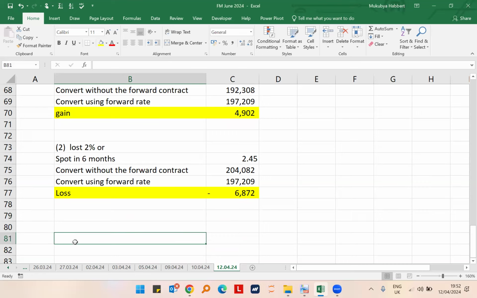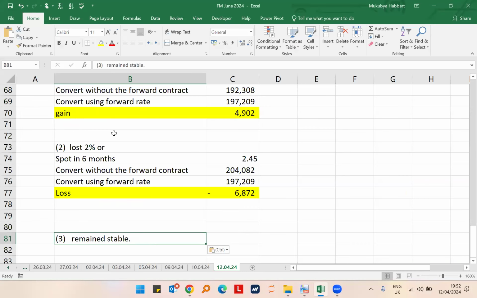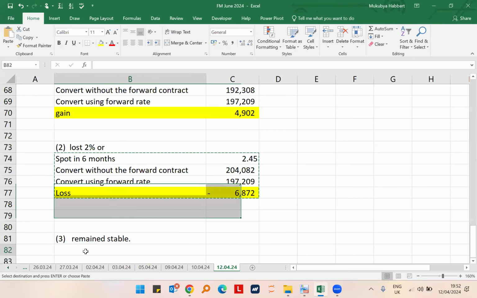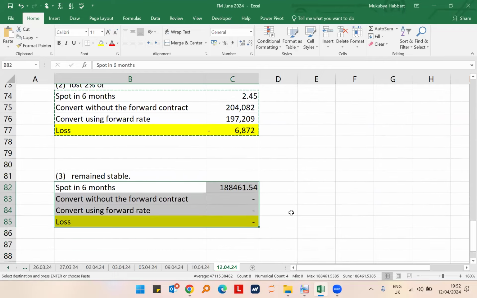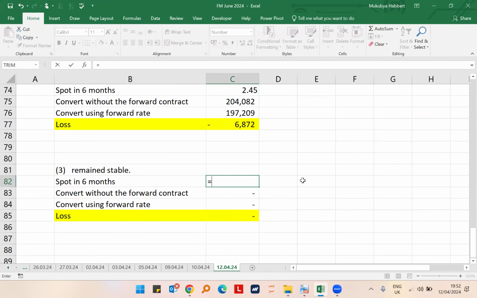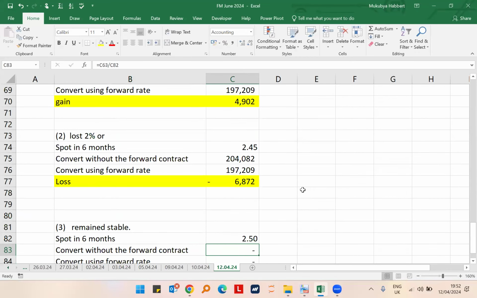And then the third one, if it remains stable. Of course, if it remains stable, that means that I am going to just copy this. And then if it remains stable, I'm looking at, again, 2.5. So it did not change.